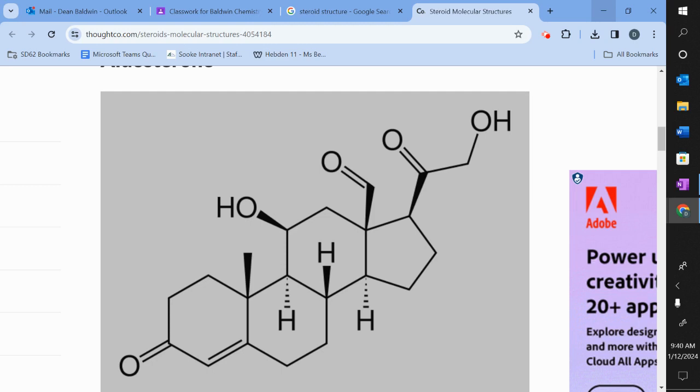If you have carbon double bonded to an O with carbons on either side of it, that's a ketone. There's no amides here. If it's carbon double bonded to an oxygen with a hydrogen on the other side, that's an aldehyde.